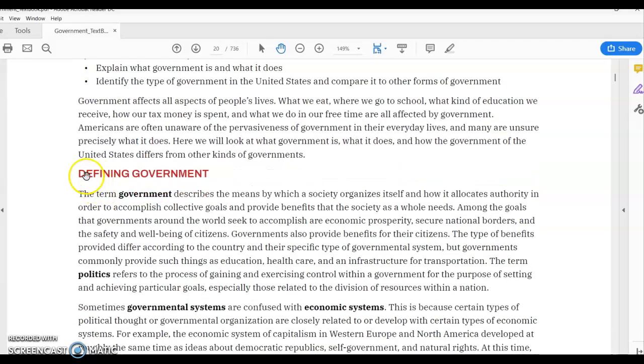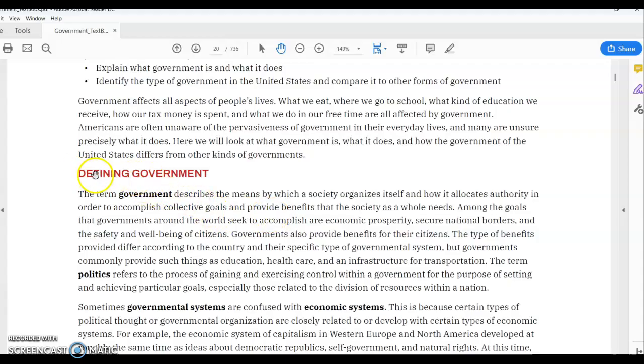Then you're going to identify the first subtopic, defining government. All subtopics are going to be in capital letters, so it's real easy to identify them.